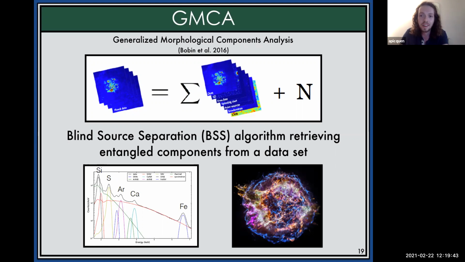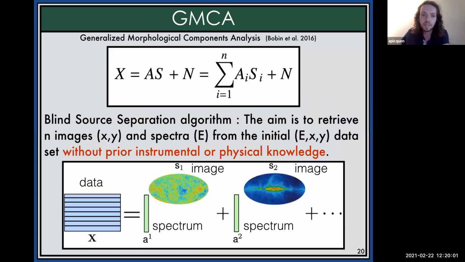So the problem is slightly different, and that's one of the reasons why I had to do a lot of tests before using it on real data. The idea of this algorithm is to consider the data cube as a sum of components plus some Gaussian additive noise.